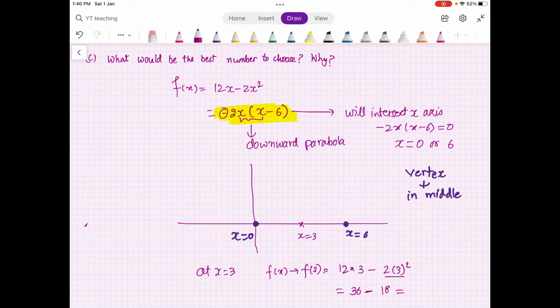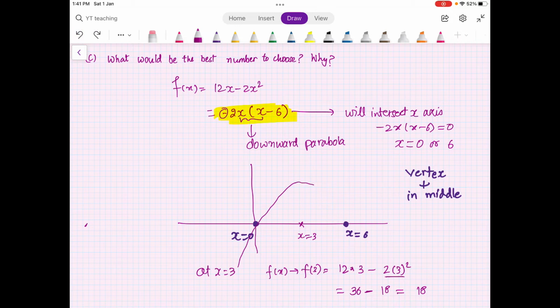So you get the value as 18. Can you see? So you get a parabola like this, and 3 comma 18 is your vertex. So the parabola goes like this.